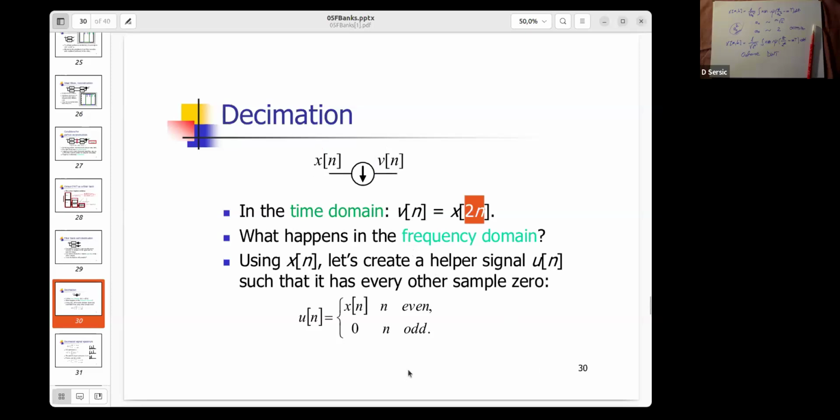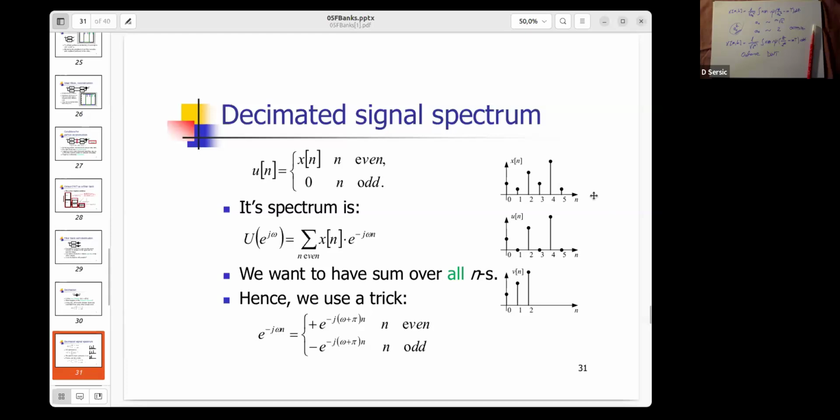So we are going to create a helper signal, U, that has the same number of samples as X, only we are going to put all the odd samples to 0. Let's see how it looks. On the right-hand side, you can see the pictures.